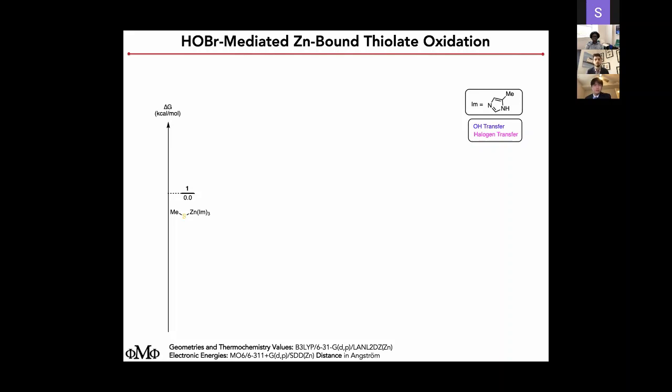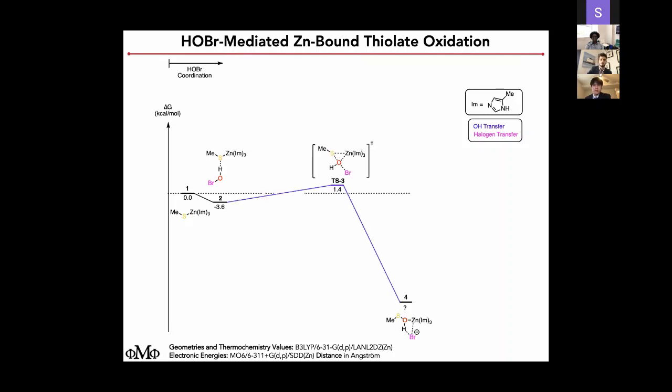So here we have a free energy diagram. At our zero-point energy, we have that of complex 1, which is shown as our 2D drawing of our general free thiolate. We first proceed through our ion molecule complex, where the HOBr becomes coordinated to our thiolate via an OHS interaction. Following this, we proceed through what is known as our OH transfer transition state, shown in blue, where the hydroxide becomes a transfer group to the thiolate, and our bromide is then cleaved and acts as our leaving group.